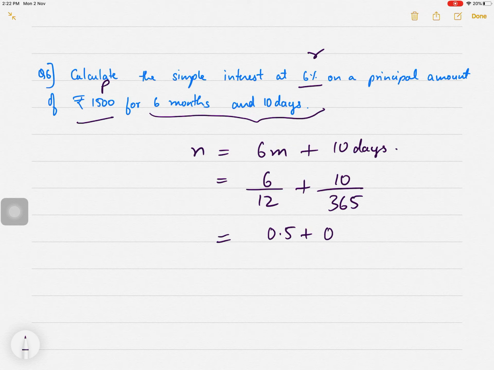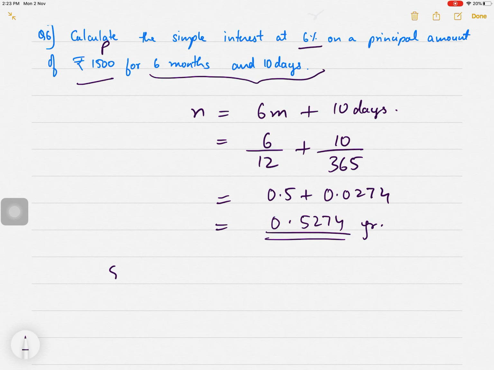When you calculate, it comes to 0.0274. Okay. So 0.5274. 6 months and 10 days means 0.5274 year. Okay. So I converted 6 months 10 days in year. Okay. So you know P, you know N, you know R. Please calculate simple interest.